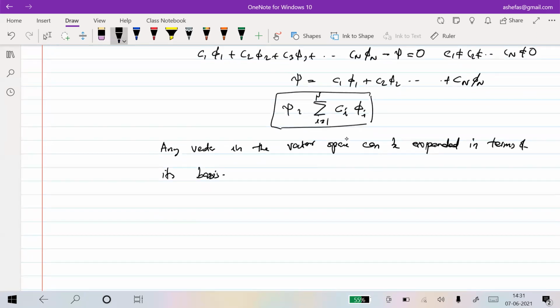Okay, now if the scalar product of phi i and phi j equals 0 if i is not equal to j, and if i equals j, then it must be non-zero. That we know, because that is the norm of the vector with itself. It should be positive. It cannot be 0. So if phi i phi j equals 0 for i not equal to j, then we can call that basis orthogonal. This is what is called the orthogonality condition.